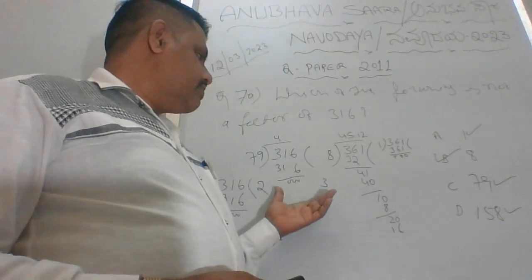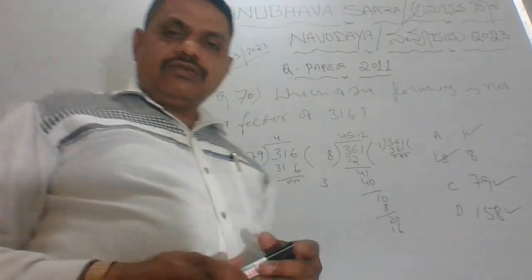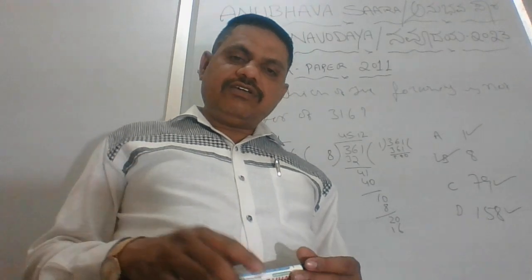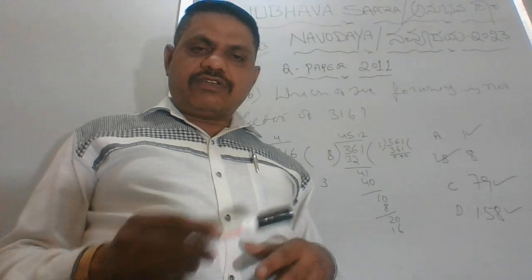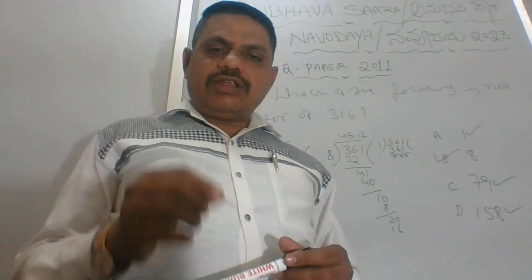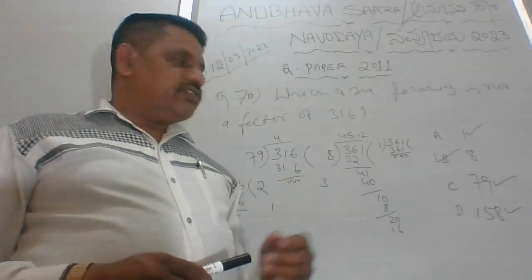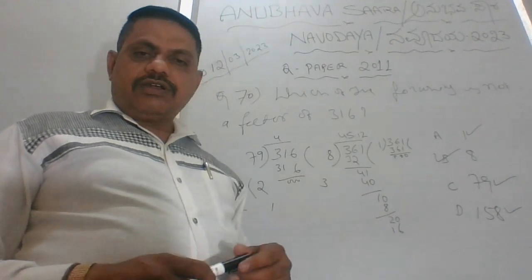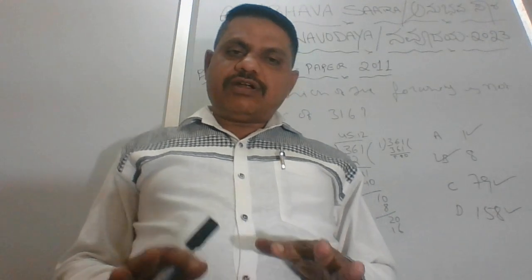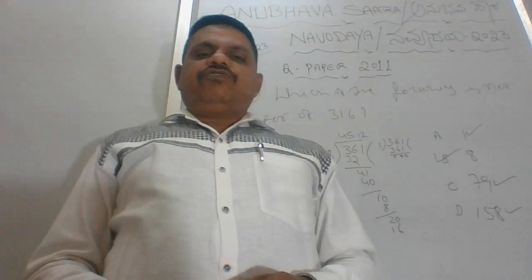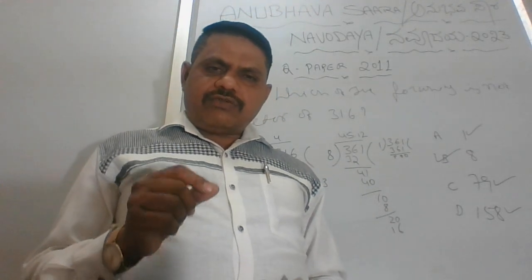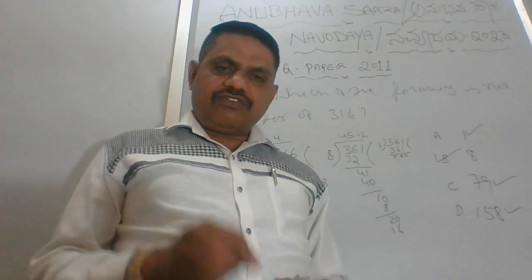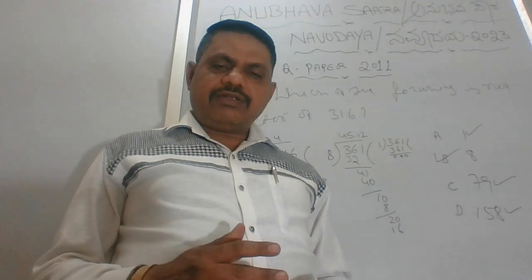So what I can suggest is you do whichever is the easiest question first, and whichever are the critical questions like this, you can utilize 1.5 minutes to clear the question. So that's how you can utilize your time. That is called time management at the time of exam. So I suggest all of you write the questions that are very easy initially, maybe within the first hour.